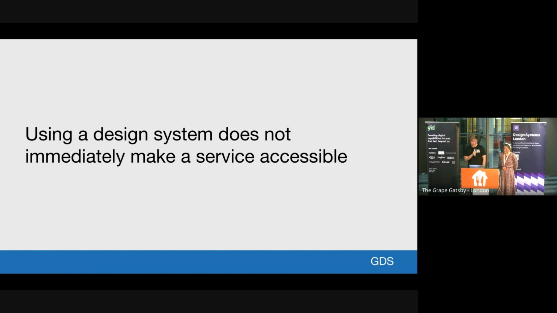Using a design system does not immediately make a service accessible. So no matter how hard we try, we can create accessible styles and components and patterns, but they can easily be implemented in inaccessible ways. And that's one of the reasons why traditionally on the design system, we've taken a more integrated, wrapped-in kind of approach, rather than trying to think of it as a tick box list approach to accessibility.